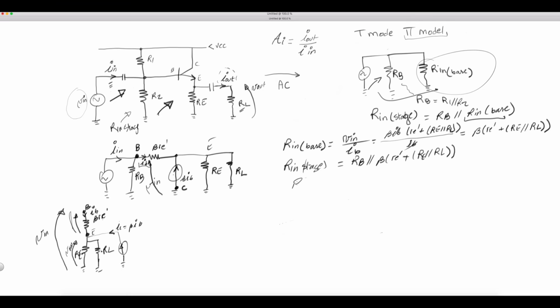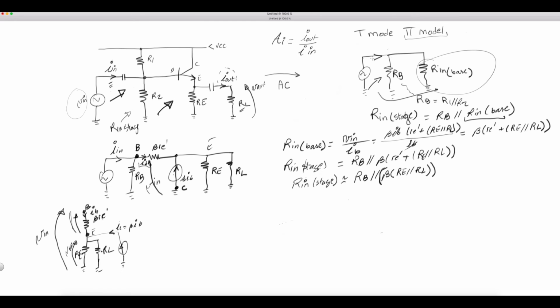So we can say safely that Rn stage is approximately equal to Rb in parallel with beta Re in parallel with RL. Let me just put parentheses here so we know these entities are in parallel with Rb. Okay? That's approximately that.